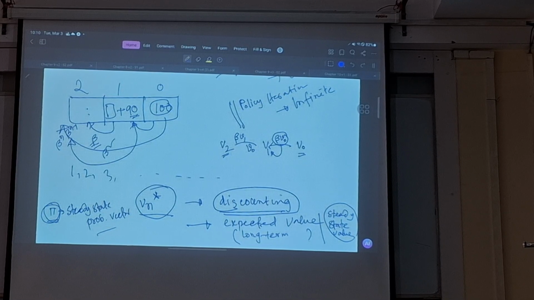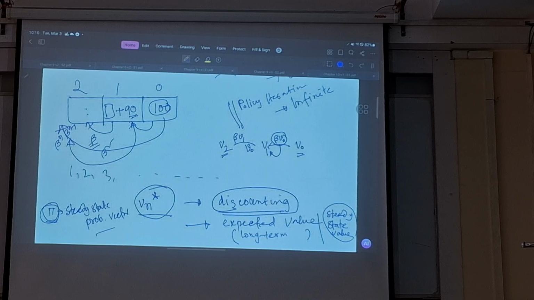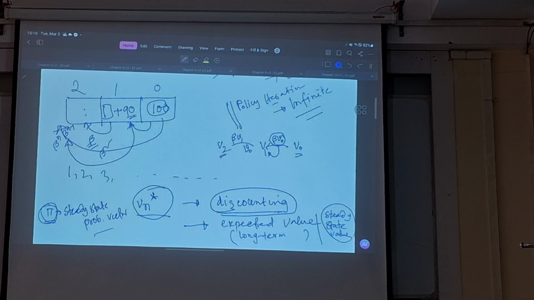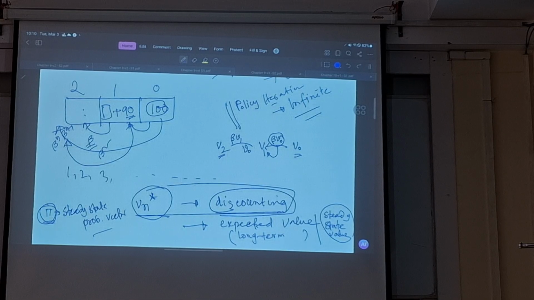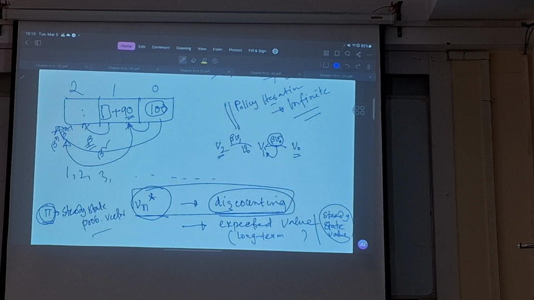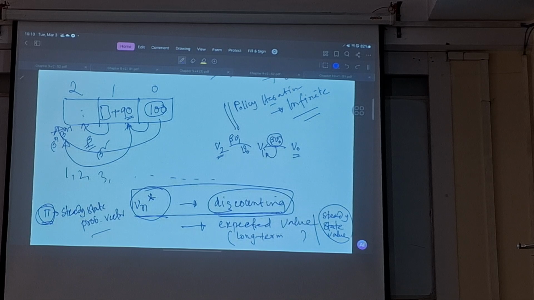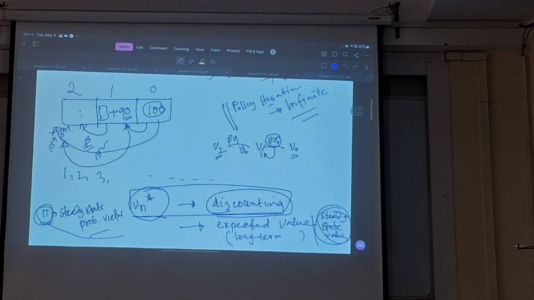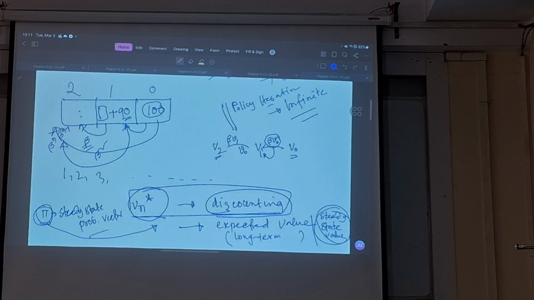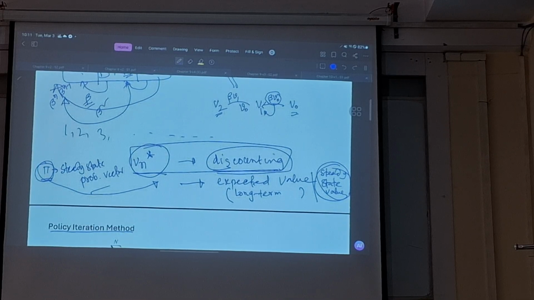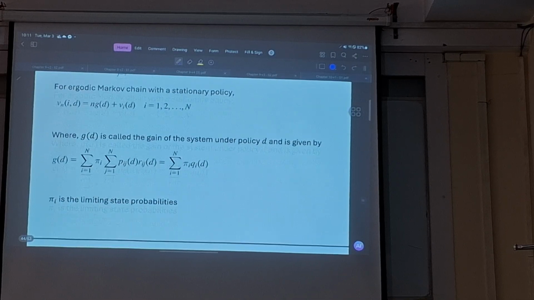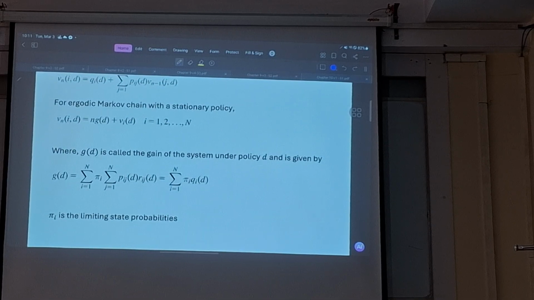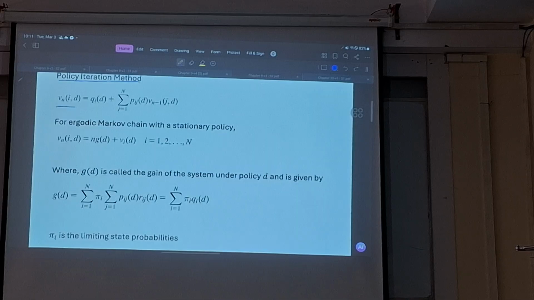So in the policy iteration method, we have two processes. In one, we consider discounting. In the other, we do not consider discounting, and in that case we need to consider the steady state probability vector. So we calculate this based on the long-term probability vector pi, and when this comes in, the equation remains the same.